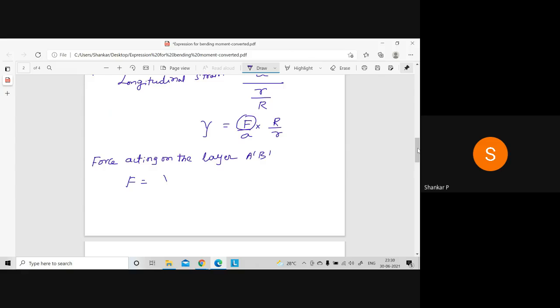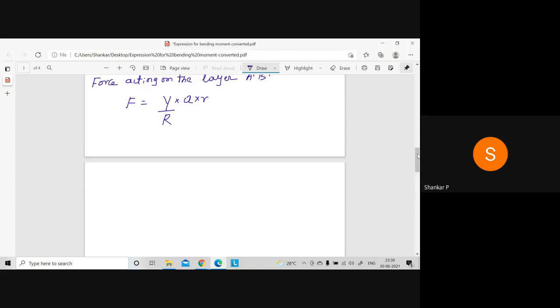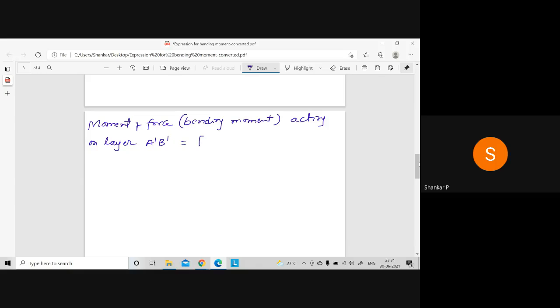F will be equal to capital Y into A into small r divided by capital R. Hence the moment of the force, that is nothing but the bending moment acting on layer A dash B dash, or layer AB, is nothing but force into the perpendicular distance of A dash B dash from CD, from the neutral surface.